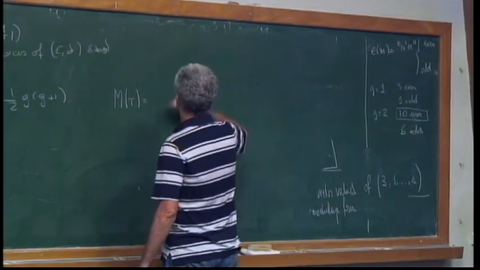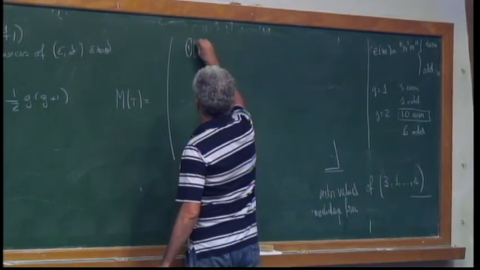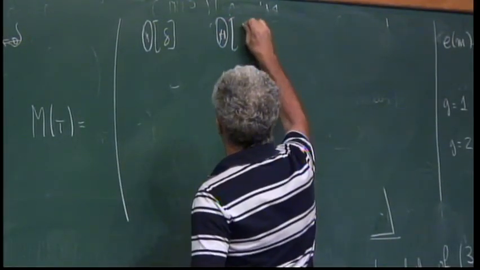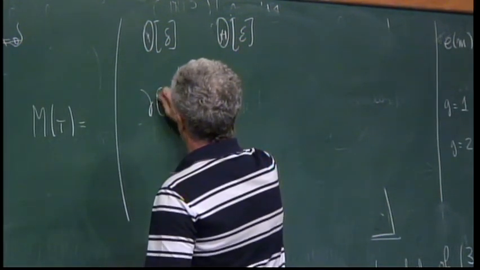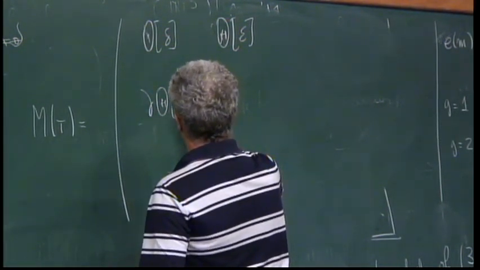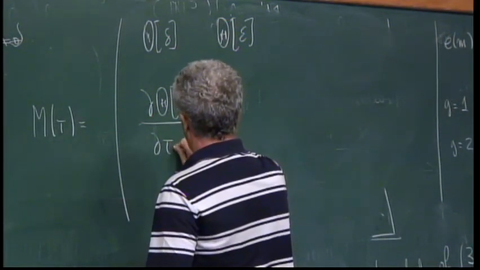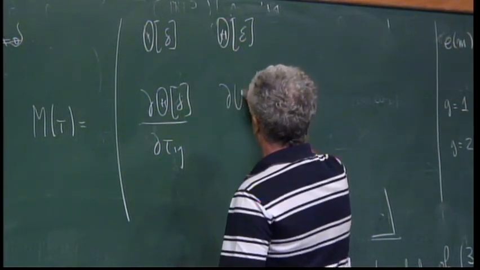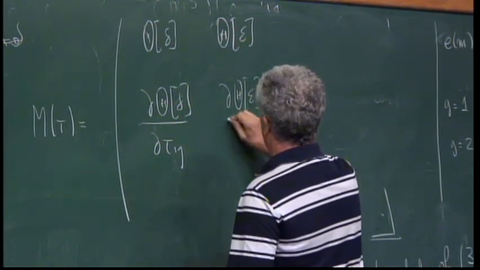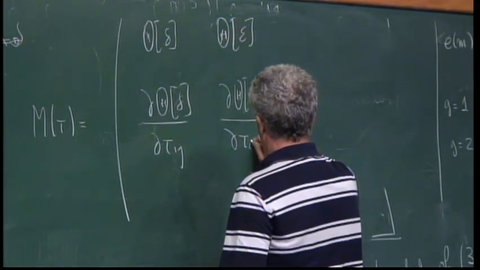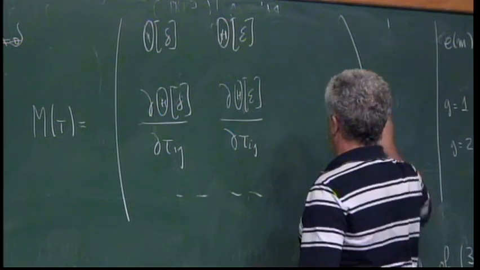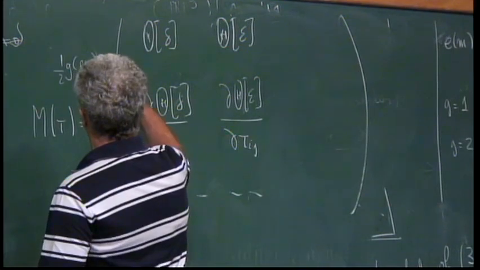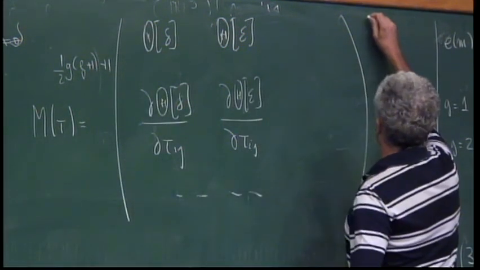M tau was just theta delta, theta epsilon, here the derivative of theta delta with respect to tau ij, and here the derivative of theta epsilon with respect to tau ij, and so on. And this is the big matrix. This is a 1/2 g times (g plus 1) matrix times 2^g columns.